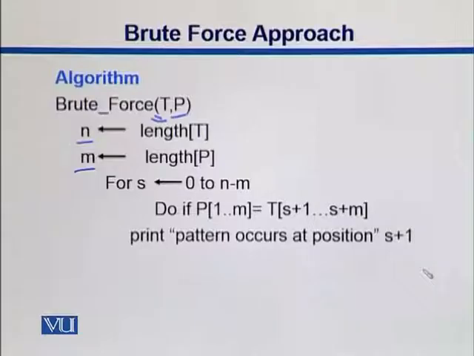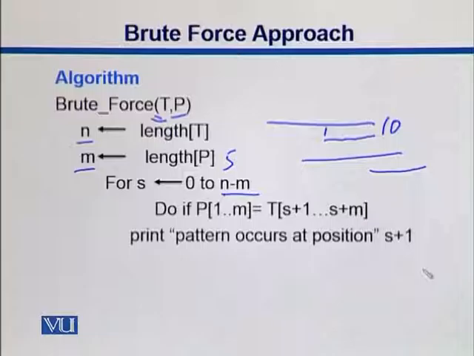For example, n is of length 10, and p is of length 5. It will go up till here, no more than that. So n minus m means we want to avoid this kind of situation. It will go through positions from 0 to n minus m, which in this case is 5, so it will compare till that position.